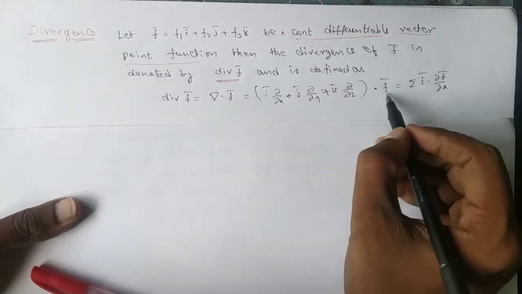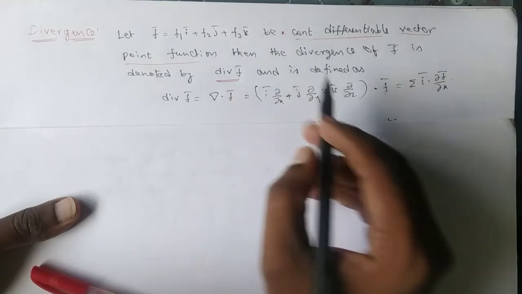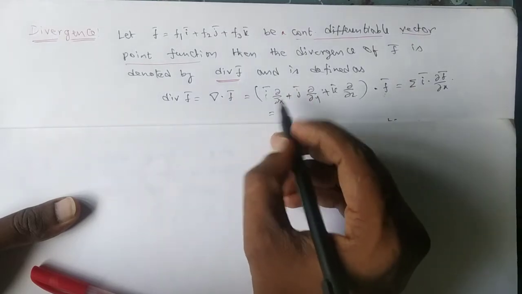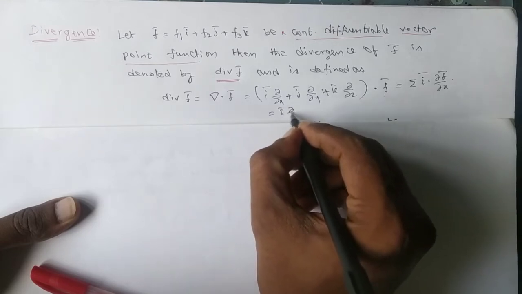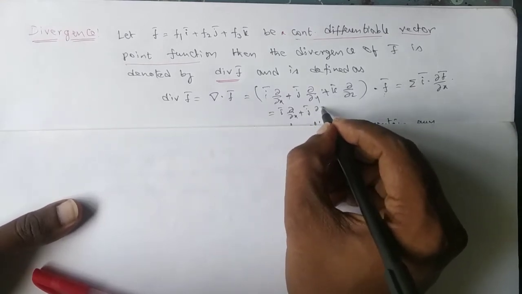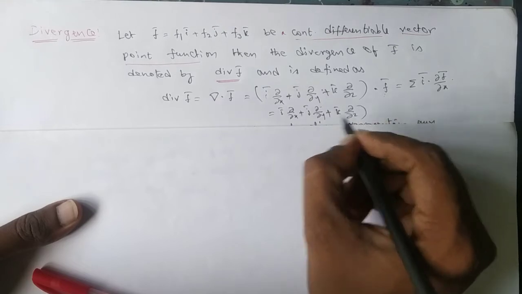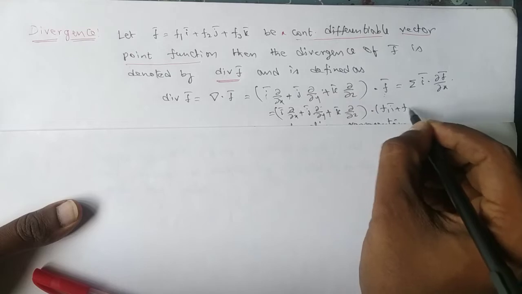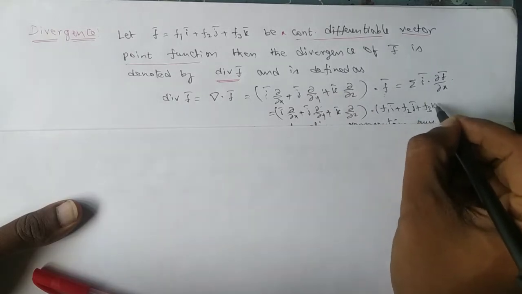Since f bar is f1 i bar plus f2 j bar plus f3 k bar, if you substitute here, it may be written also like this: i bar dou by dou x plus j bar dou by dou y plus k bar dou by dou z dot f1 i bar plus f2 j bar plus f3 k bar.